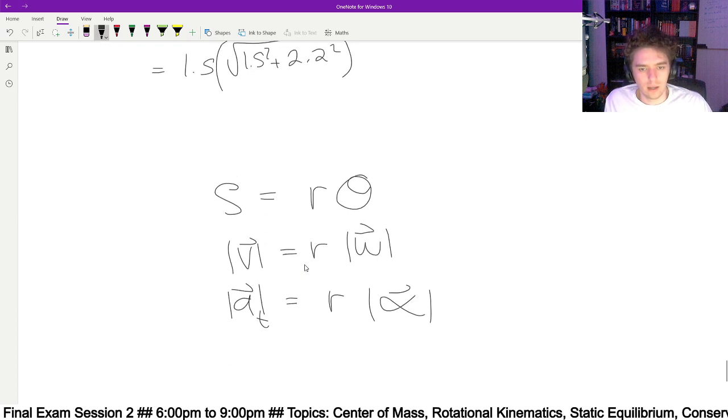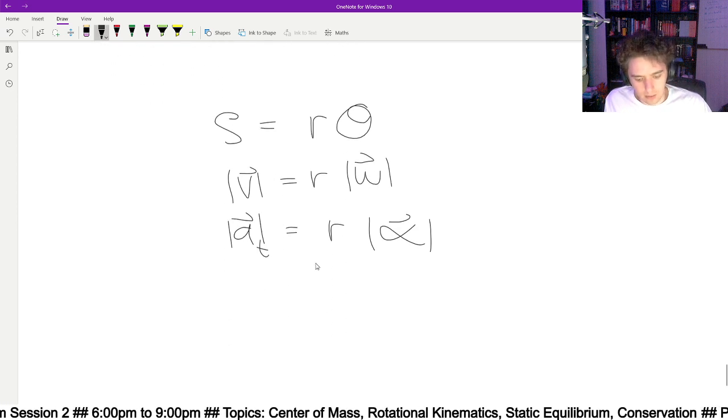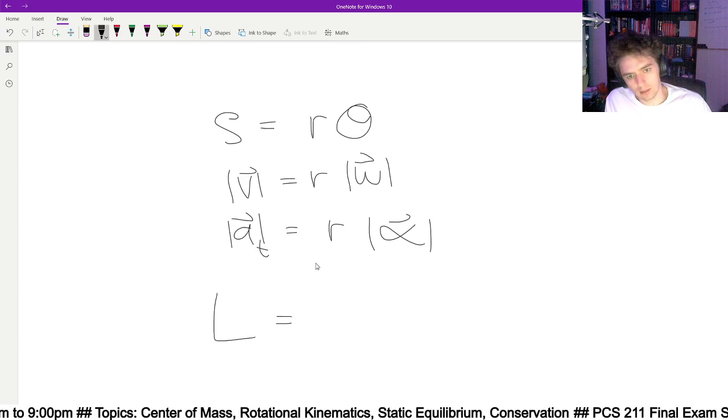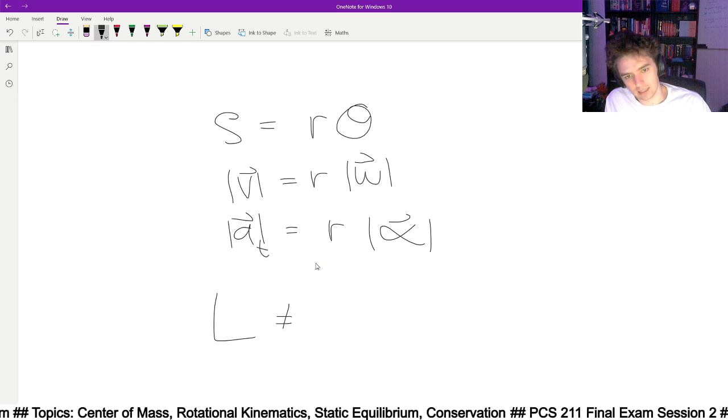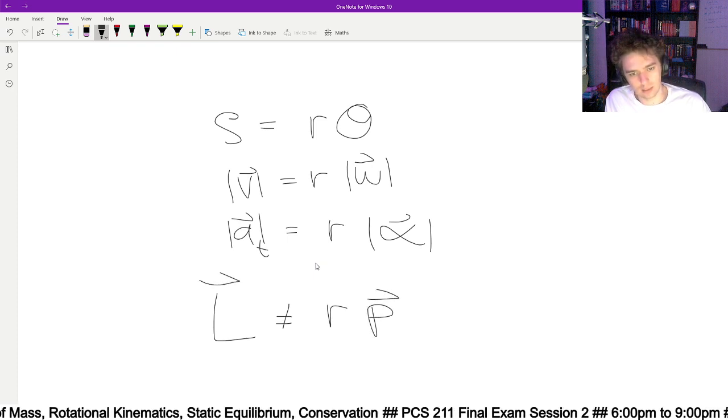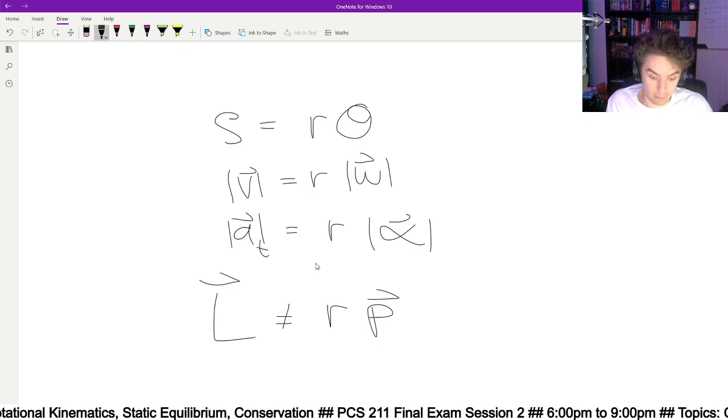So it doesn't say that about L here though, right? I don't know if that's true or not, but r times p. He doesn't mention the r cross p. Oh, I don't see it.